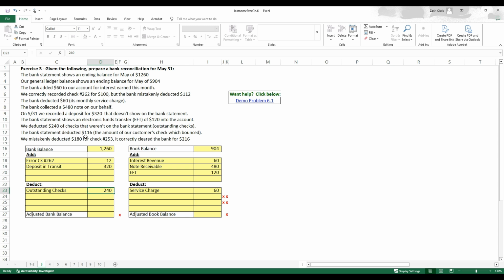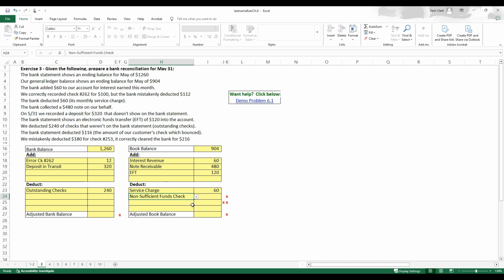Okay, the bank statement deducted $116, the amount of our customer's check, which bounced. So we've got an NSF check here, so a bounced check. So we recorded that as a receipt, which would have increased our cash balance, but the bank did not.